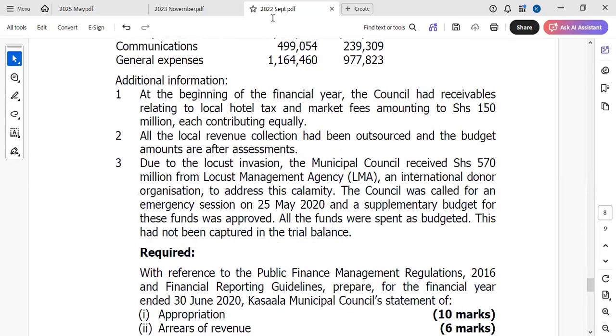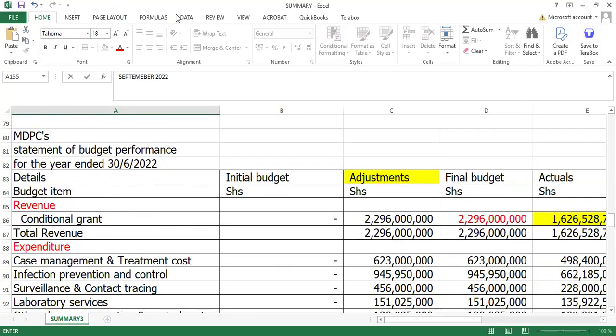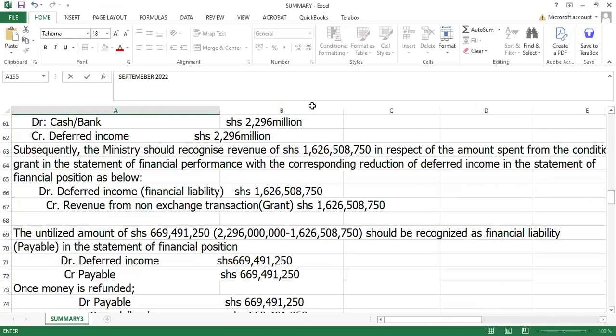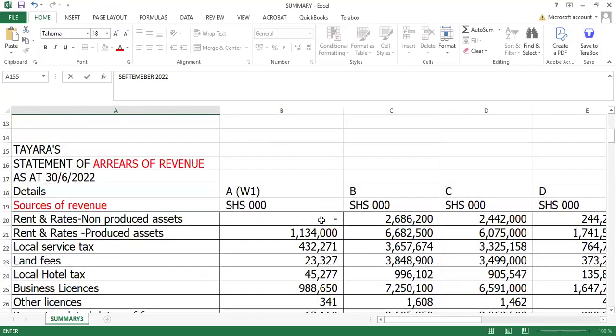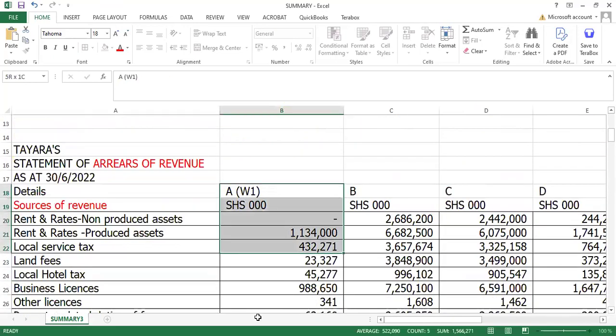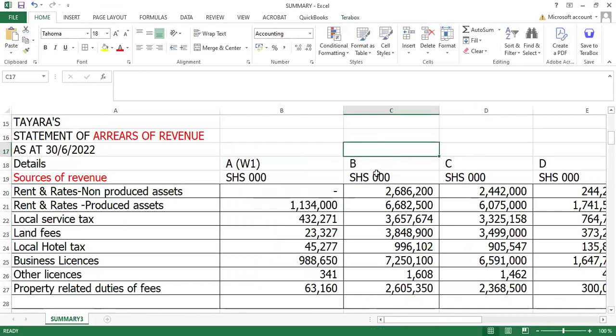Yes. Just that when you are doing that statement of arrears, in some books you see at the start of the year you have the amount that was not collected. You may find that there is another column created, because B, C is the amount you collected.